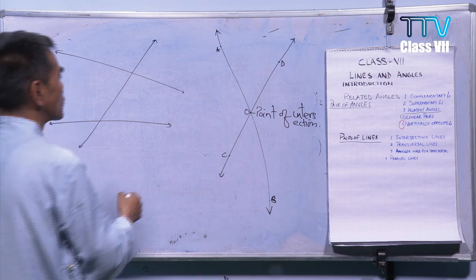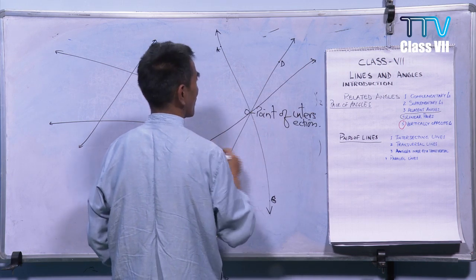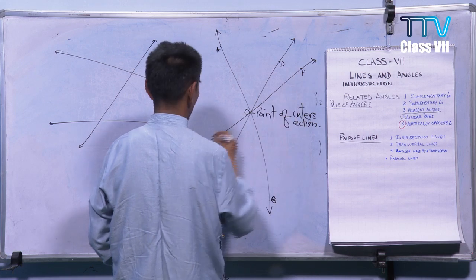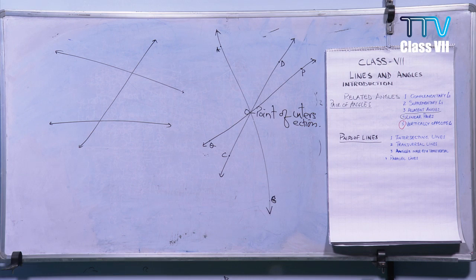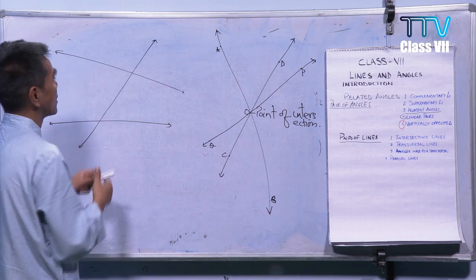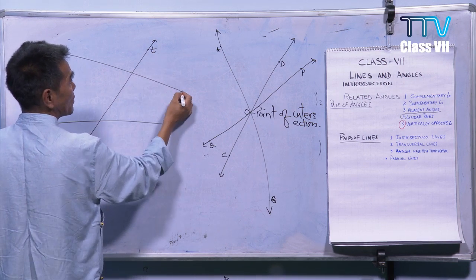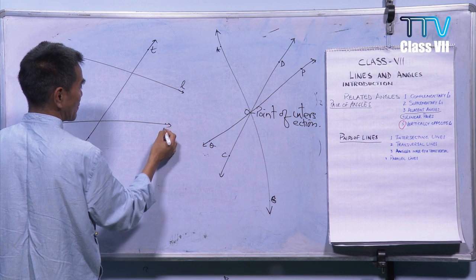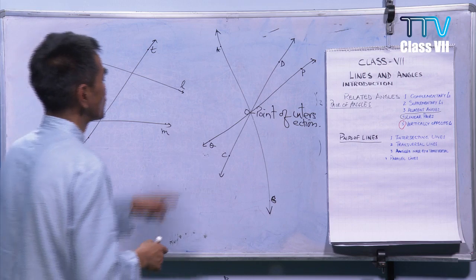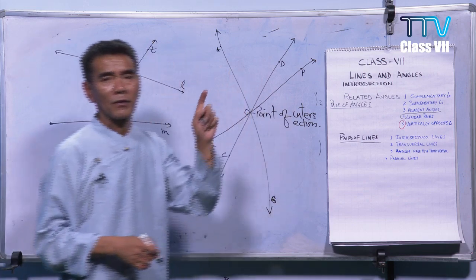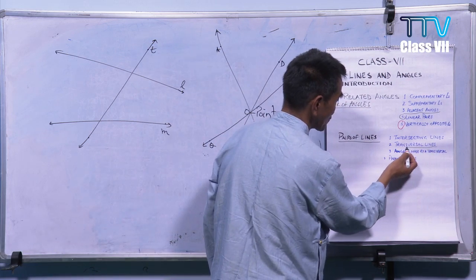Here is a line with three intersecting lines, P and Q. The lines are marked with small letters, line L and line M. We have three lines over here, and over here we also have three lines.